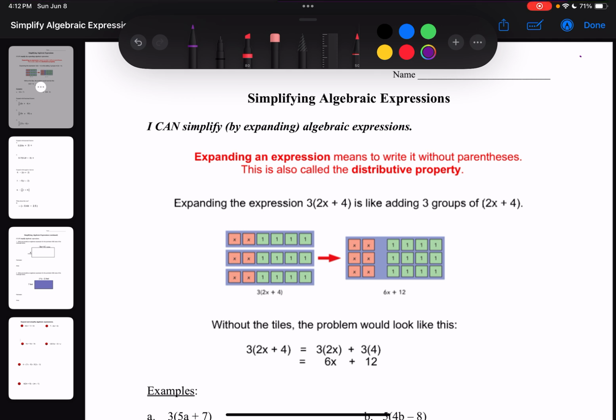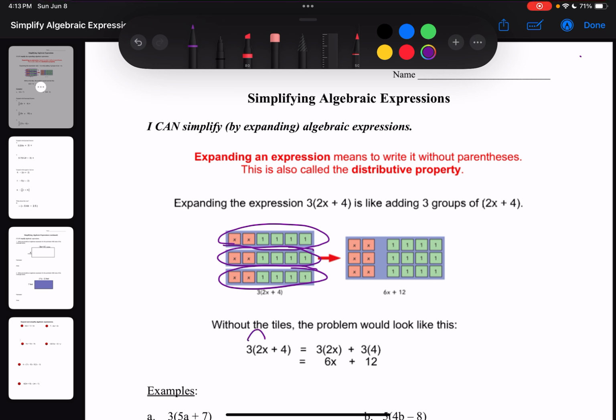The diagram below should look familiar because we use this when we learn the distributive property. It looks like expanding the expression where you have three groups of 2x plus 4. You can see the three groups noted by each of the rows that I am circling, and when you combine all of the x's, there are 6 x's in that orangish color and 12 ones in the green color.